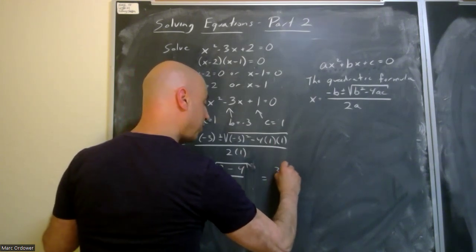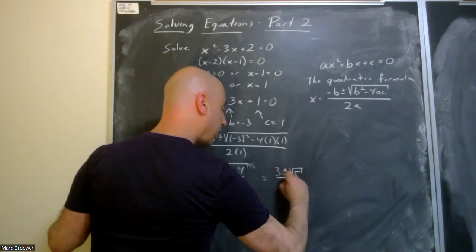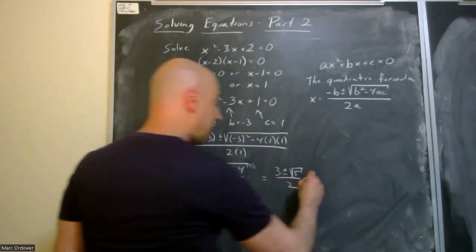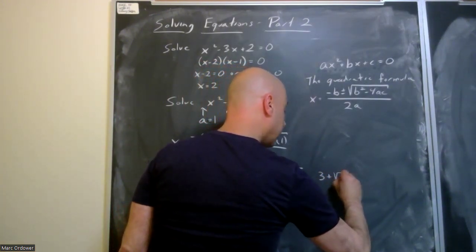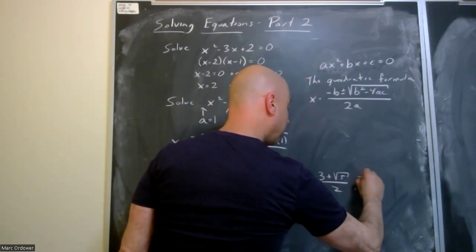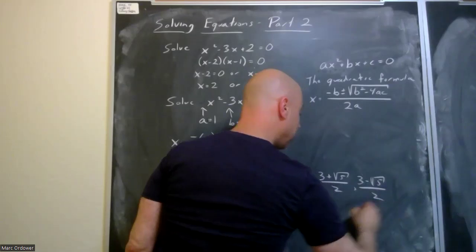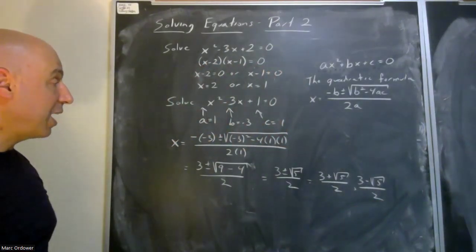So 3 plus or minus the square root of 5, all over 2. I want to point out that that's really two numbers on the number line. That's 3 plus the square root of 5 divided by 2, and it's also 3 minus the square root of 5 divided by 2. And of course, if you prefer decimal numbers, you can turn them into decimals at that point.